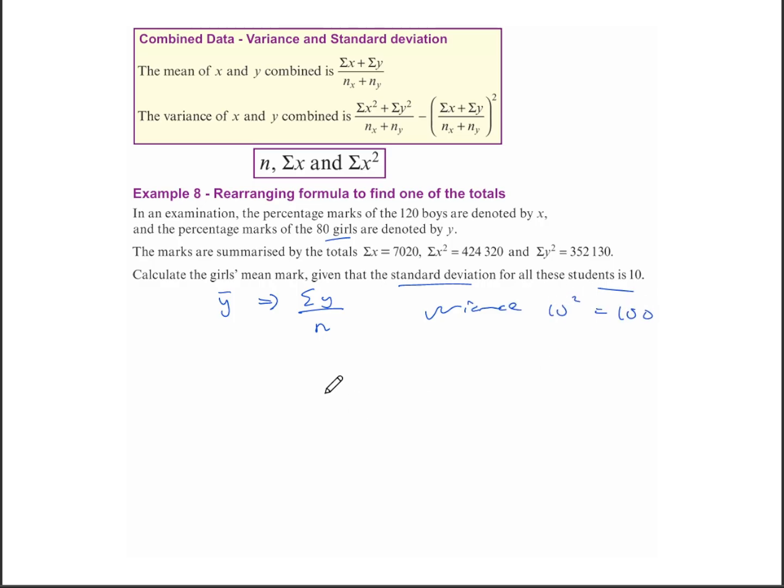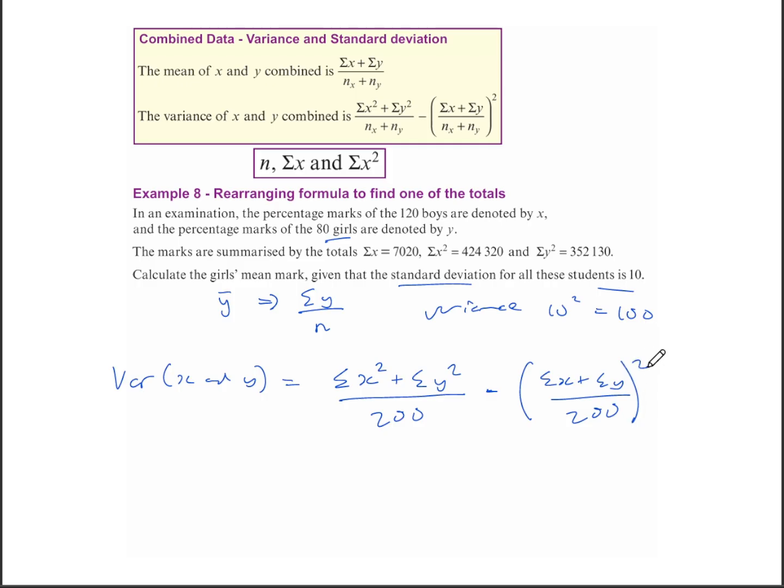And so what we have is the variance of both x and y combined is equal to the sum of the squares divided by the total number, which in this case is 80 plus 120, which is 200, minus the square of the combined mean, which is sum of x plus sum of y over 200 squared.